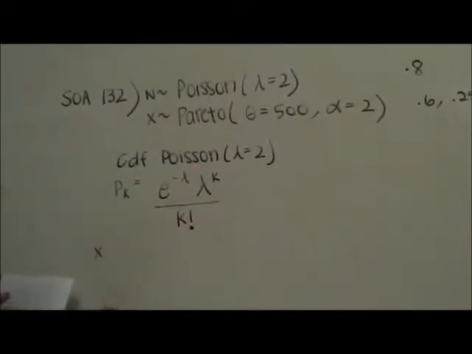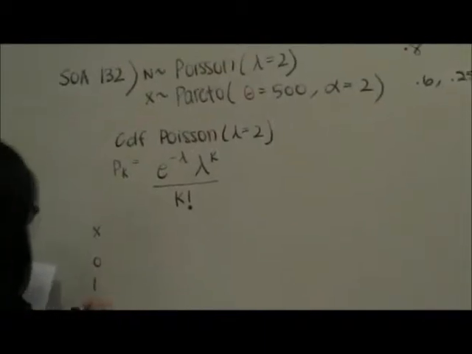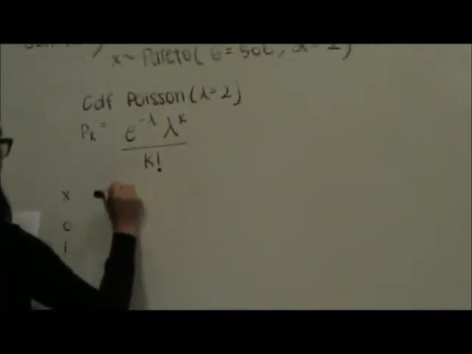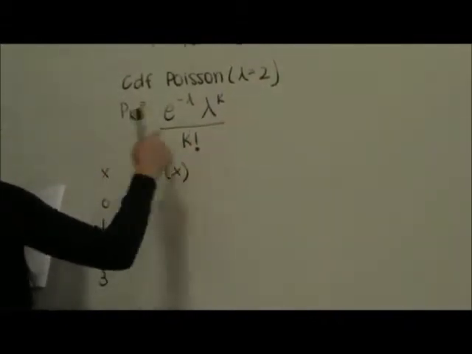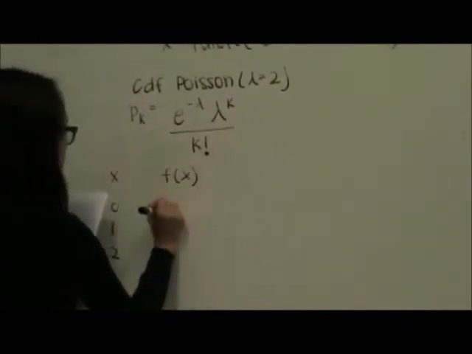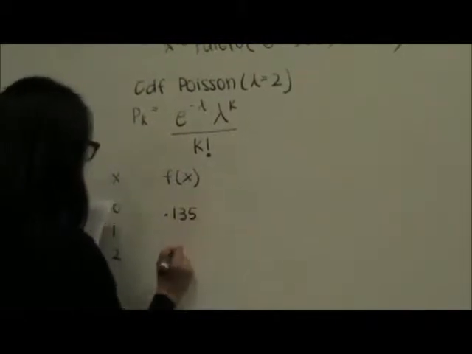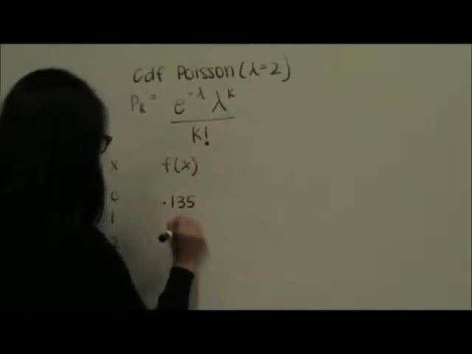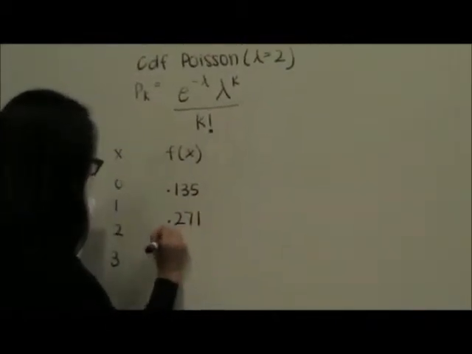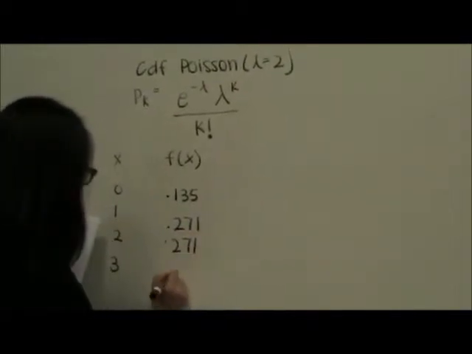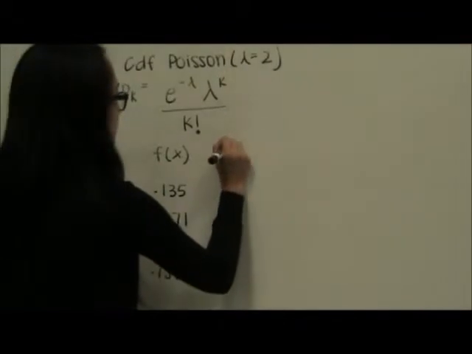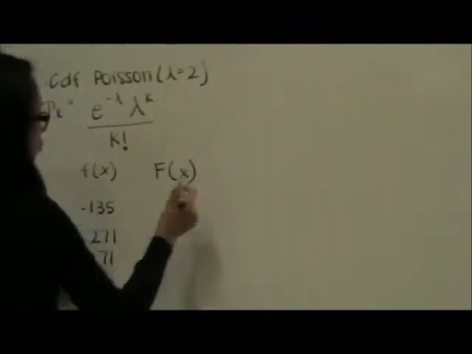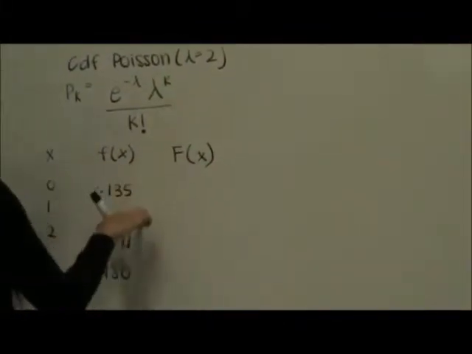For values of x 0, 1, 2, and 3, plugging x in as the k into this equation will get you 0.135, 0.271, 0.271, and 0.180. So from here, building the cumulative distribution, you just add everything that's above this.